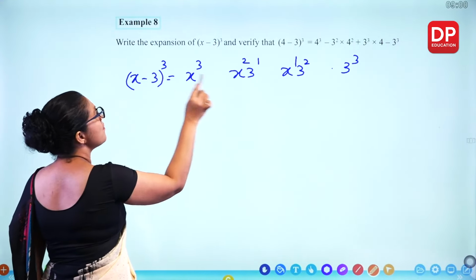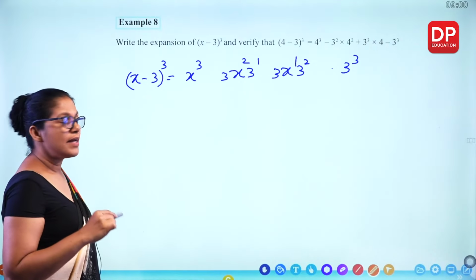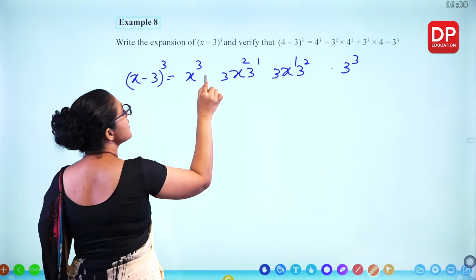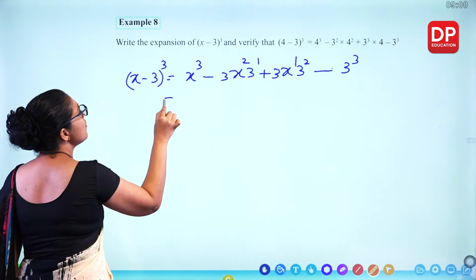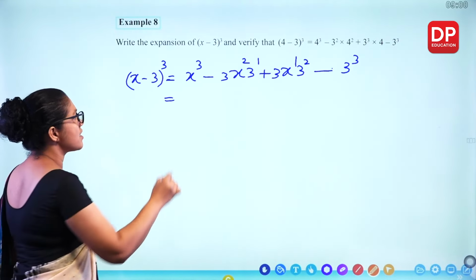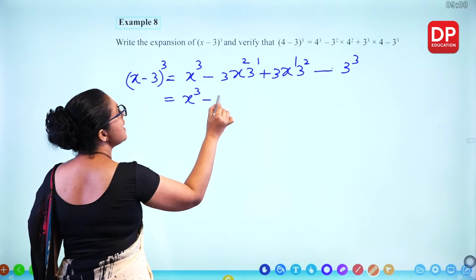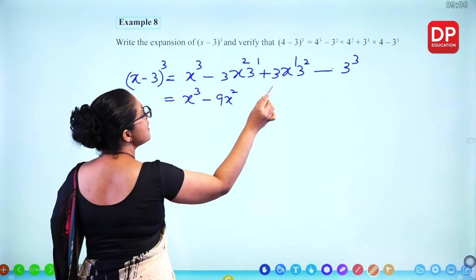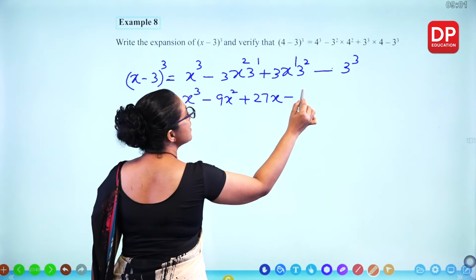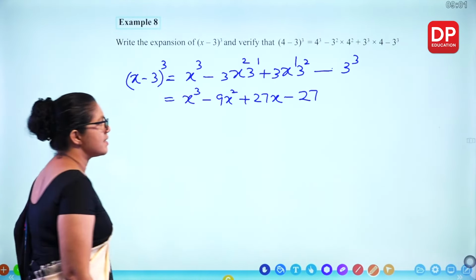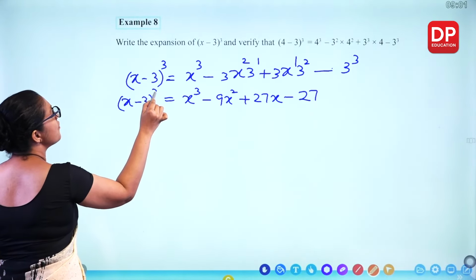And the third step, you put 3 here, 3 here. And the final step, when this is minus, first term is plus, other one negative, plus, minus. And now you can expand and write down x to the power 3. Here 3 times 3, 9. 3 times 3, 9. 9 times 3, 27. Here again you get 27. So that's the expansion of power 3.